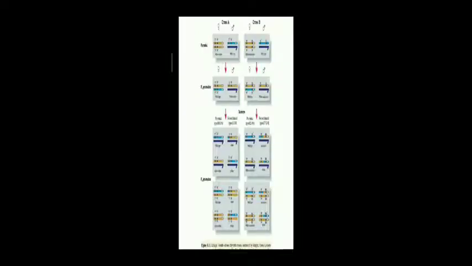This is shown in cross A, whereas the frequency of recombinations is higher if genes are loosely linked. That is, linkage is weak between 2 genes, that is cross B.